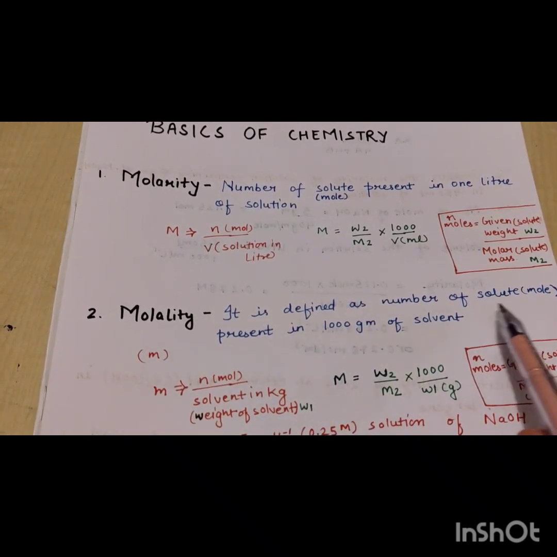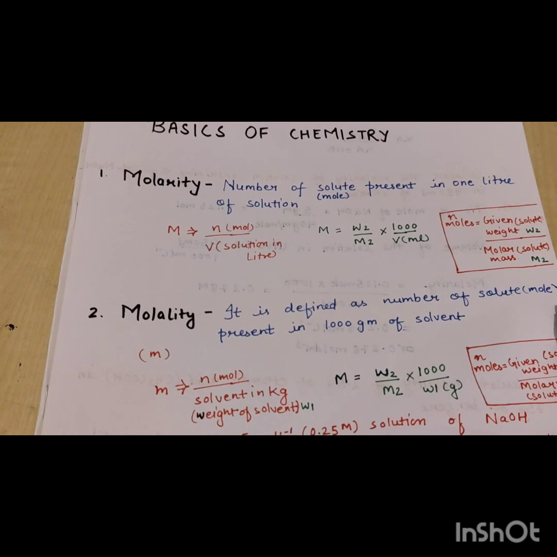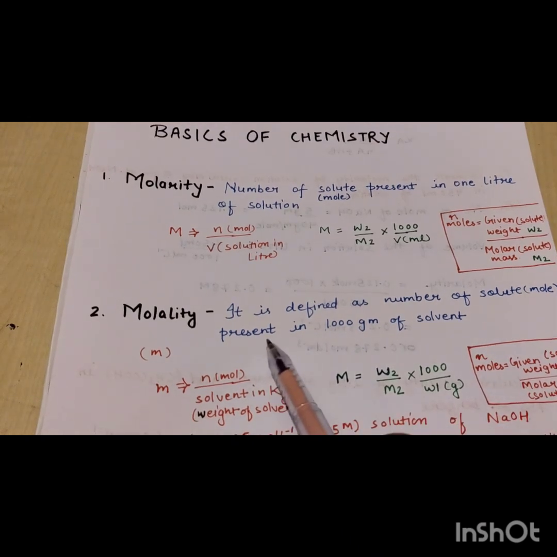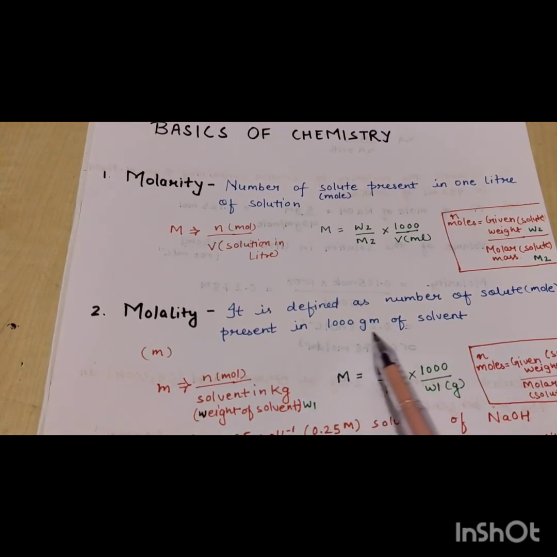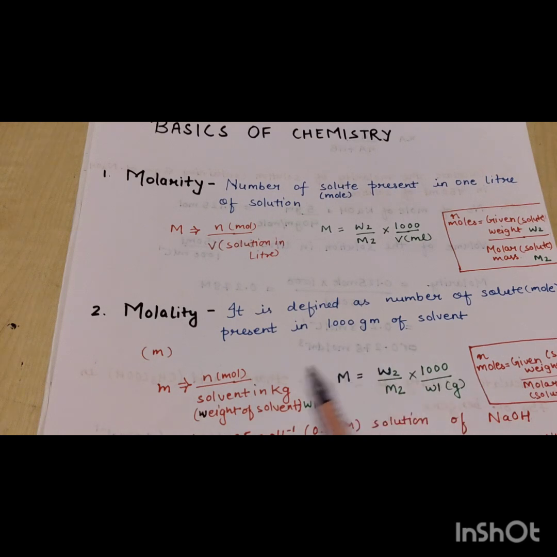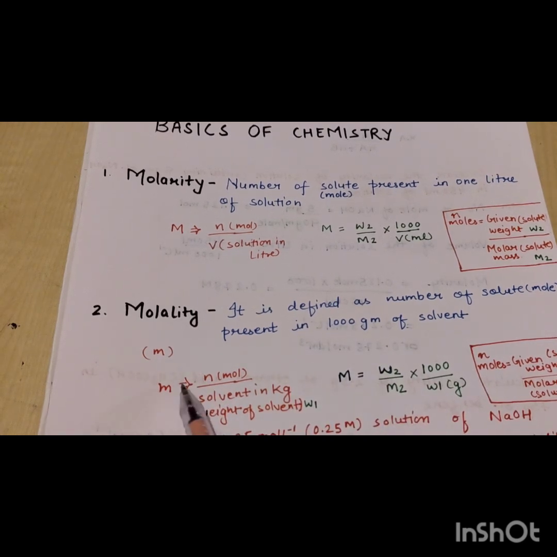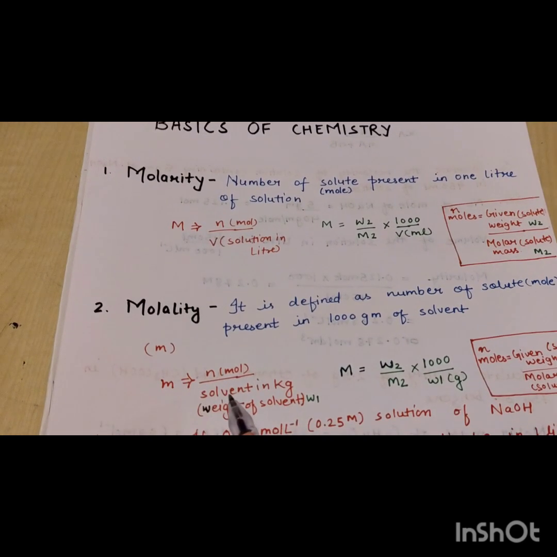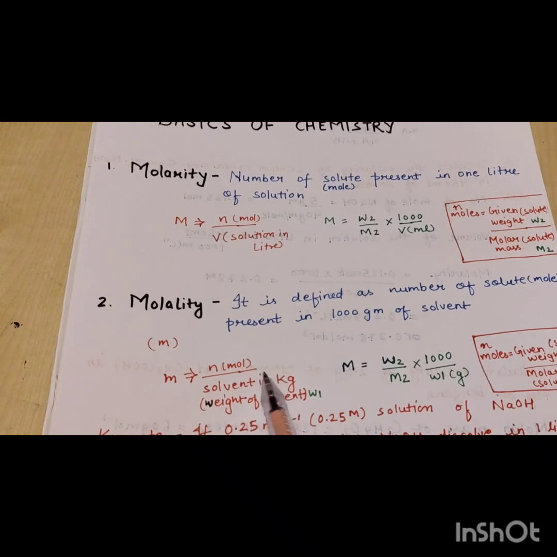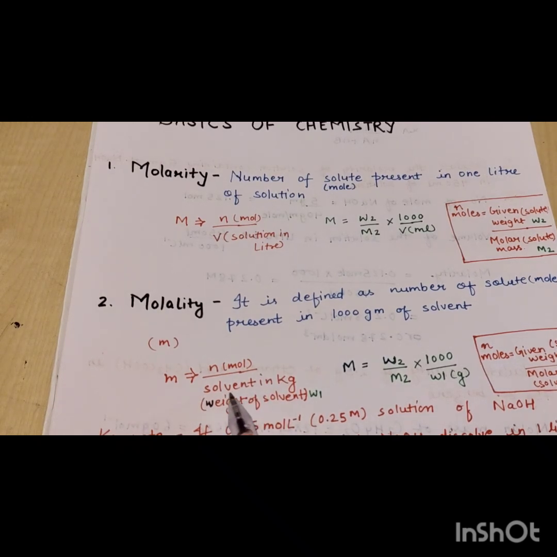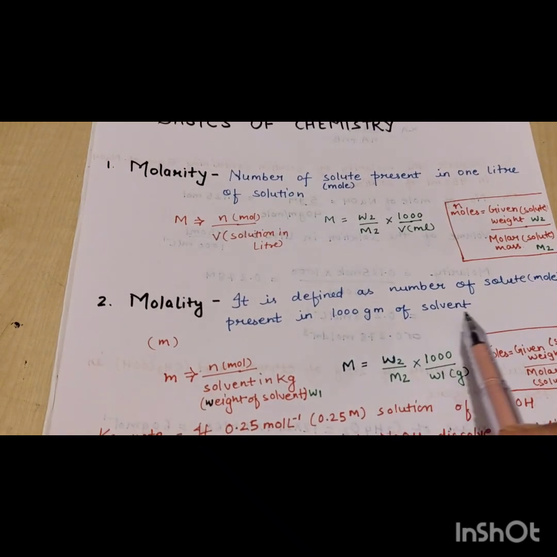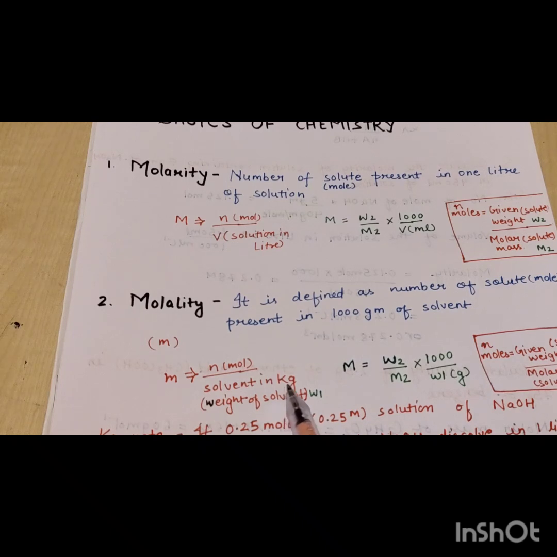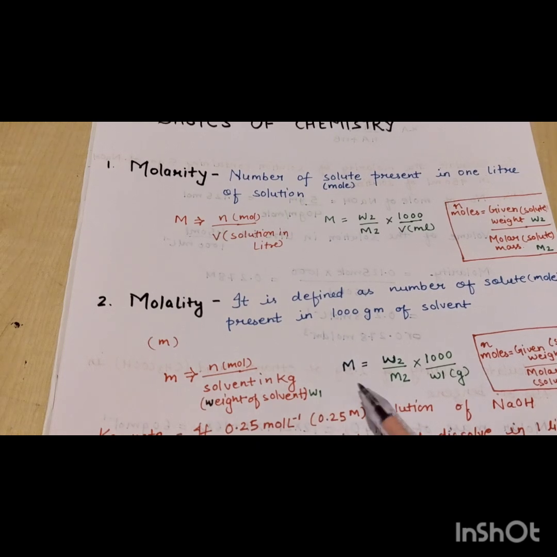It is defined as the number of moles of solute present in 1000 gram of solvent, which is denoted by small m. Here it is the number of moles dissolved per 1000 gram of solvent, that can be written as kg. The weight of solvent is W1.